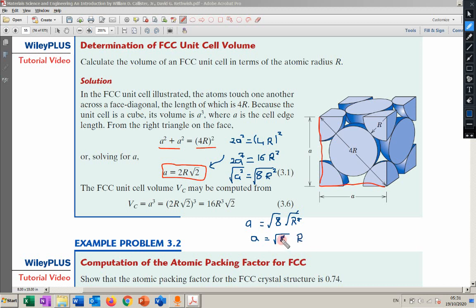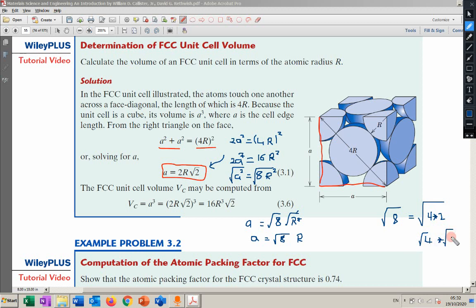Now we know in mathematics root 8 can be rewritten as 4 times 2, and it can be root 4 times root 2, and root 4 we know is 2.